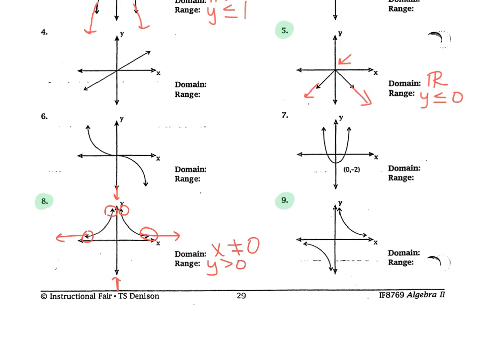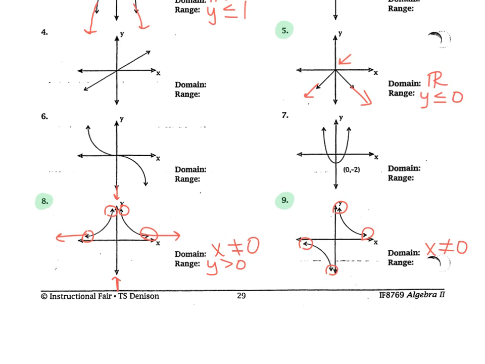And then number 9, by contrast, the domain's going to be the same thing. Our x values, we've got arrows on the ends here. So our domain is going to be x cannot be equal to 0, but it could be anything else, to the right of 0, to the left of 0. For our range, some of it is similar to the last example, some of it's different.